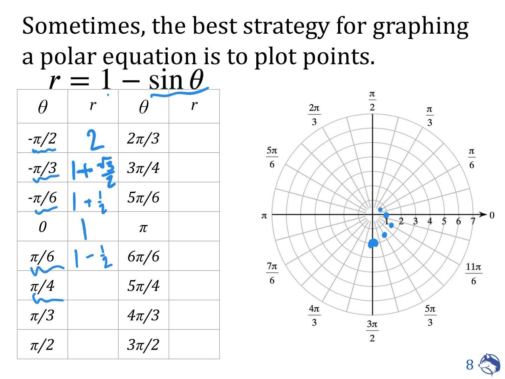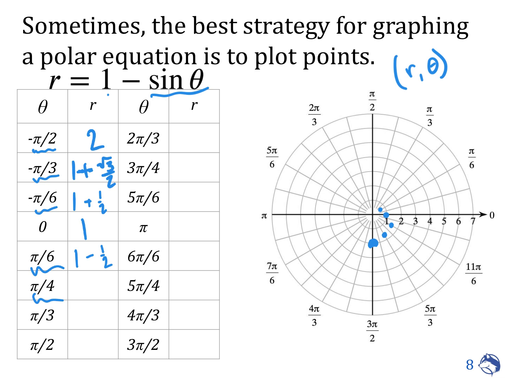Remember that I'm graphing all these points (r, theta), where the r is actually the output and the input is the theta. So I go find the angle, and then I draw out the radius from the point (0, 0).